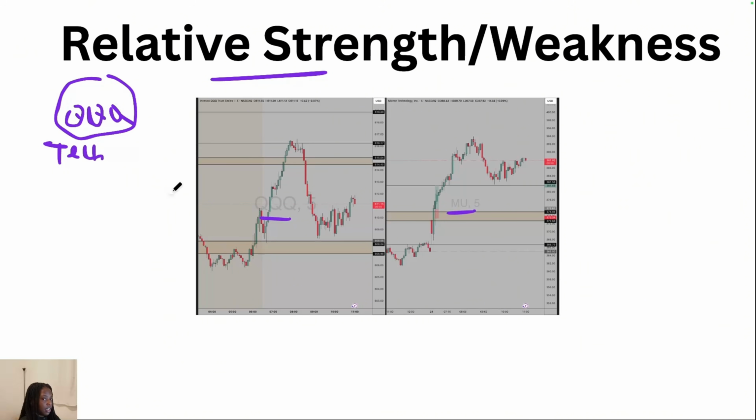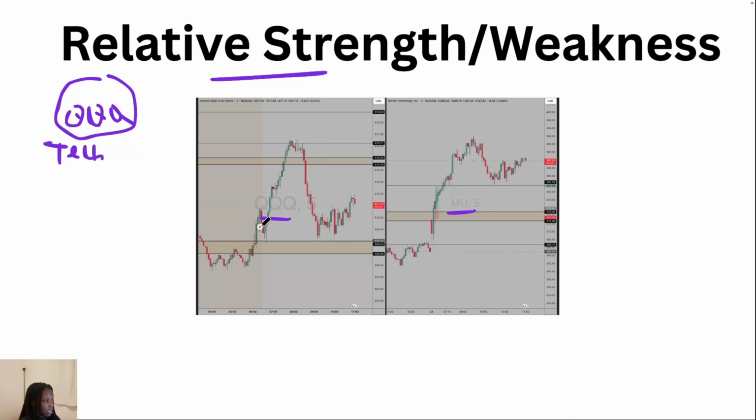Think of a basket: put all the apples in one basket, all the oranges in a separate basket. That's what QQQ is made up of, the big tech names. So usually, if you're trading tech stocks, you want to look at QQQ to see if it's strong or weak, and whether that name is strong or weak relative to QQQ.